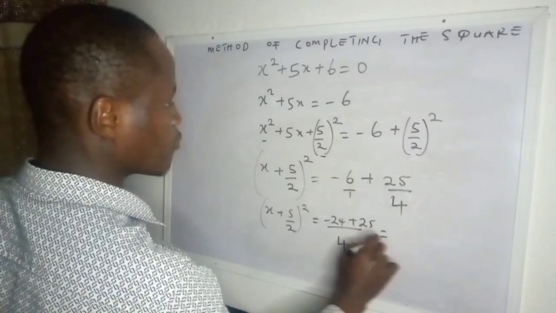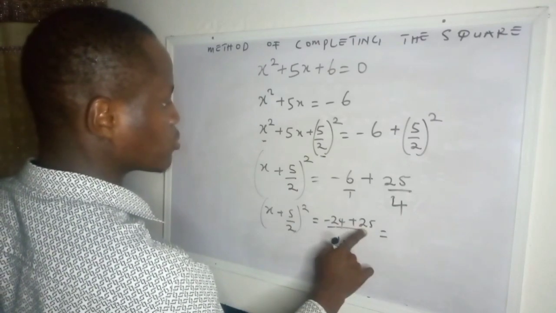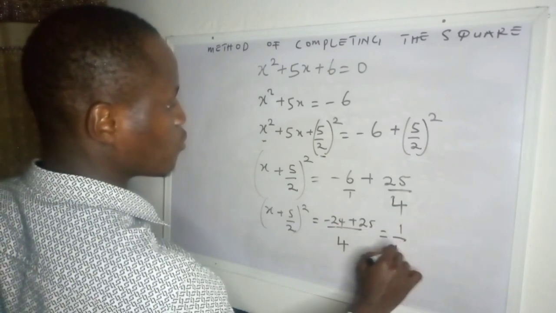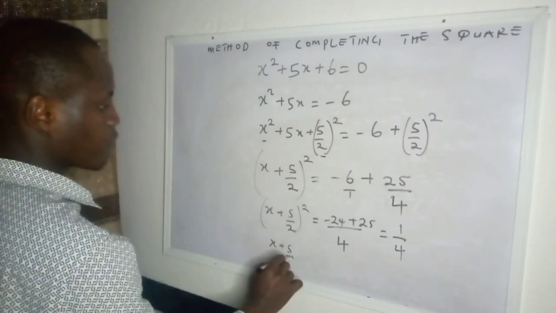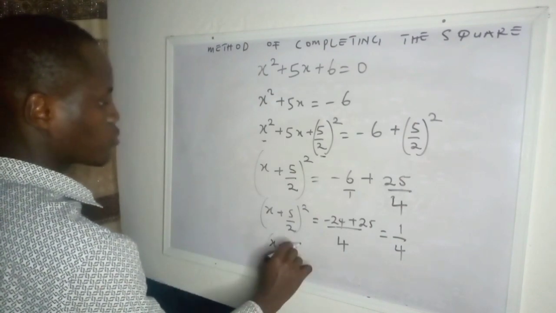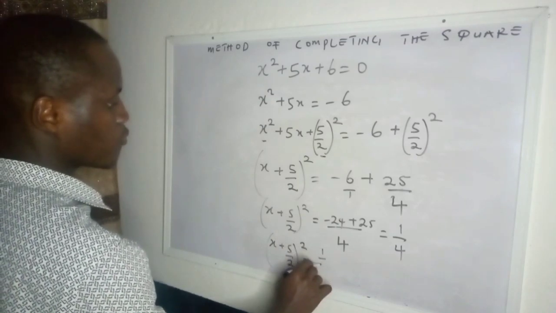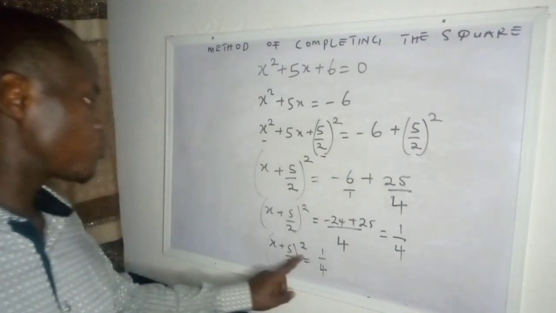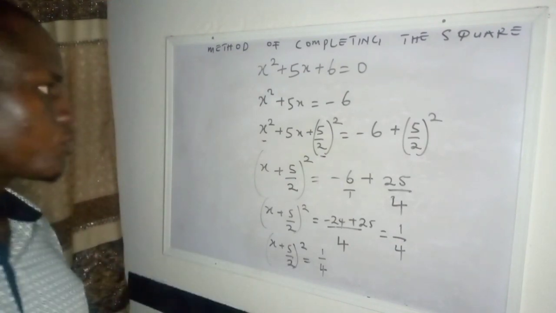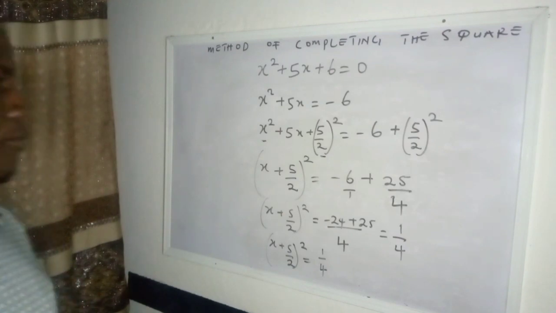So this will give us minus 24 plus 25, which is 1 over 4. So now we have (x plus 5 over 2) all squared equal to 1 over 4.